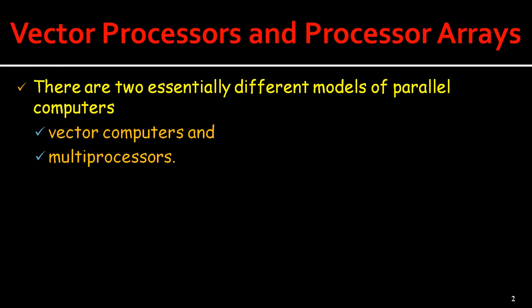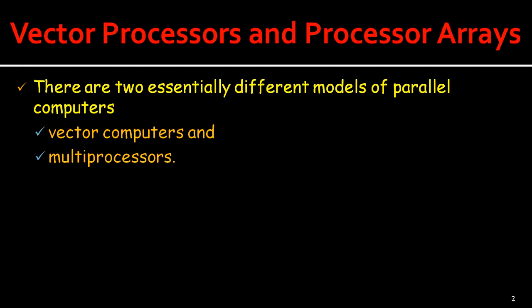Here, a processor array, which is a vector processor, achieves parallelism by having a collection of identical synchronized processing elements, PEs, each of which executes the same instructions on different data, and which are controlled by a single control unit.